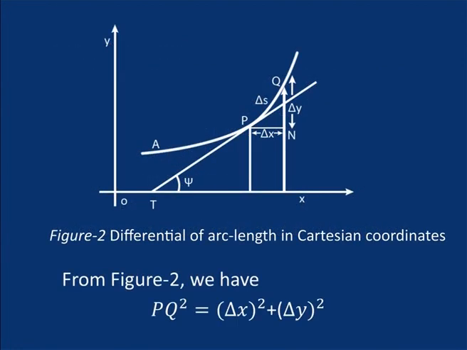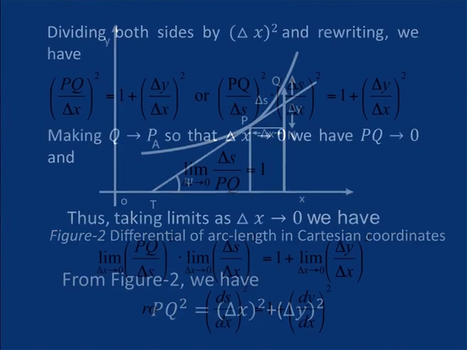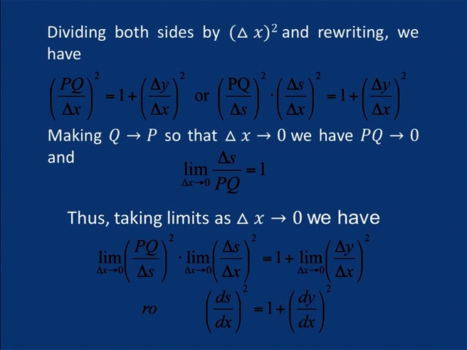From this figure we have PQ square is equal to del x square plus del y square. Dividing both sides by del x square and rewriting, we have (PQ over del x) whole square is equal to 1 plus (del y over del x) whole square, or (PQ over del s) whole square into (del s over del x) whole square is equal to 1 plus (del y over del x) whole square.